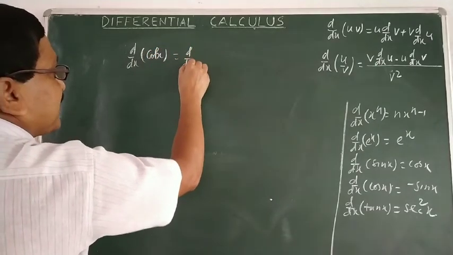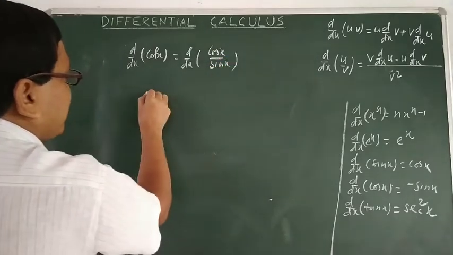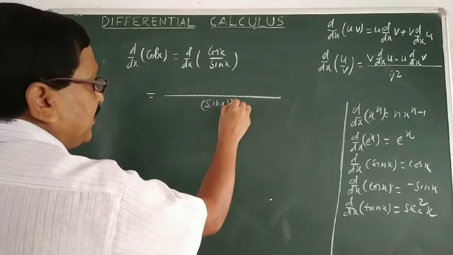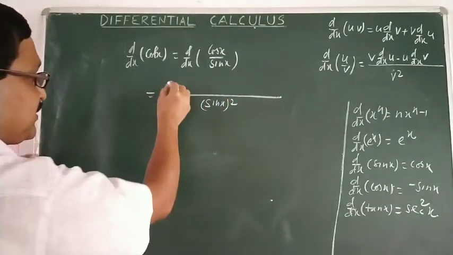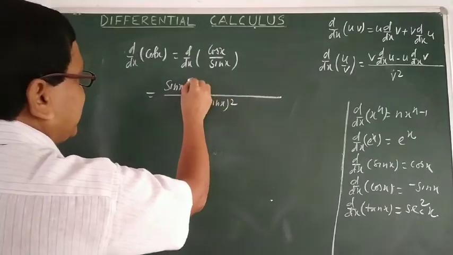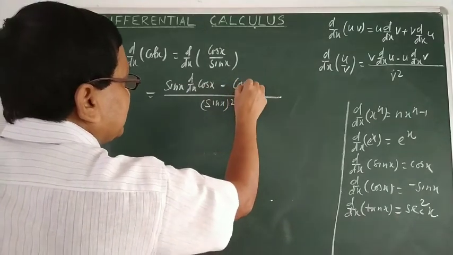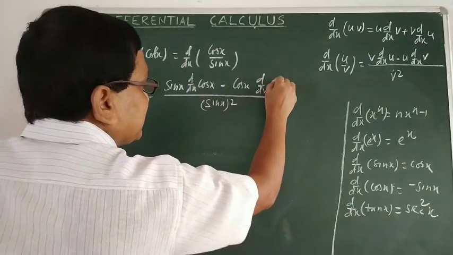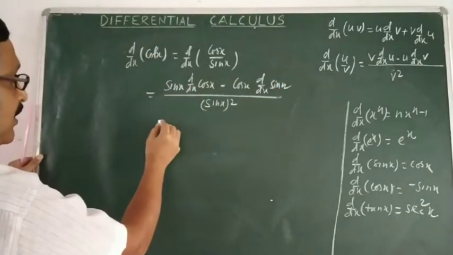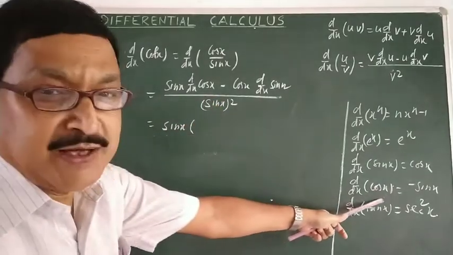d by dx of cot x. This is d by dx of cos x by sin x. Now applying the same formula, this is sin x whole square. Starting from the same sin x, d by dx of cos x minus cos x d by dx of sin x. Now write the differentiation of this is sin x and d by dx of cos x is minus sin x.